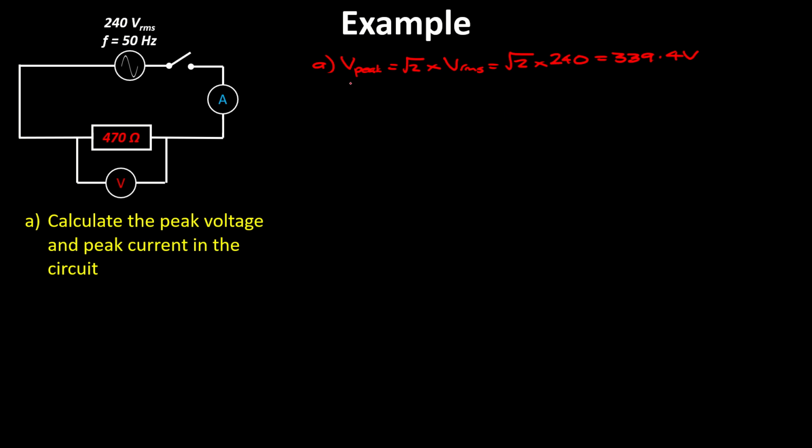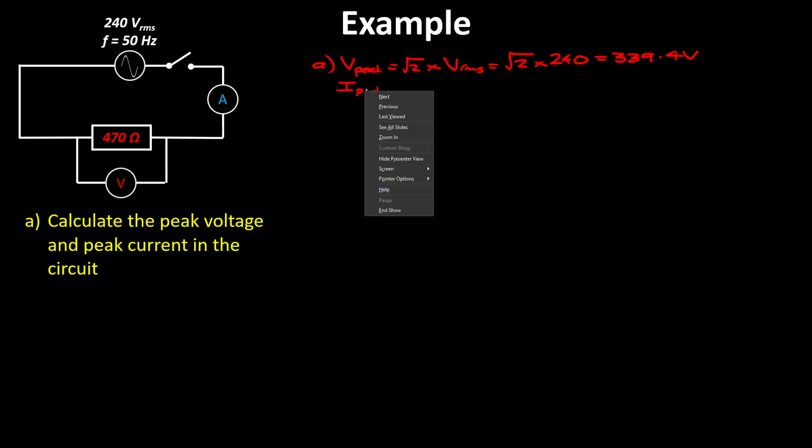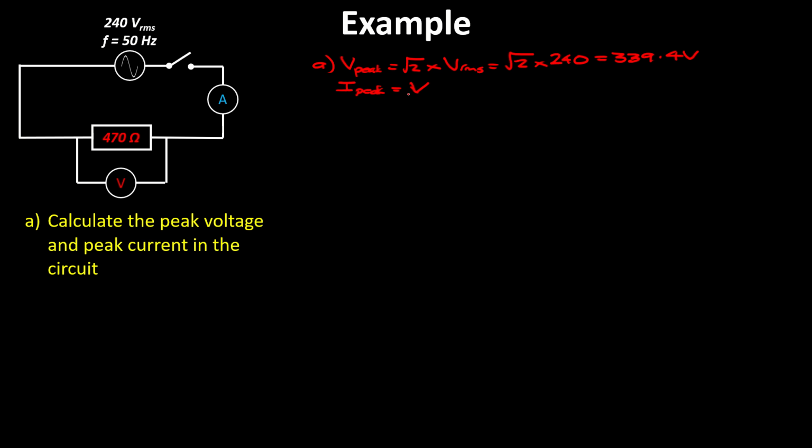To find the maximum current, or the peak current, there's a couple of ways we could do this, but we could just use Ohm's law. Just use voltage divided by resistance. I've got to be careful on which voltage I use here.